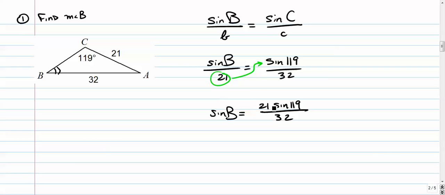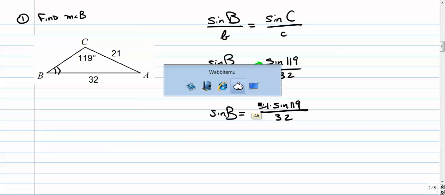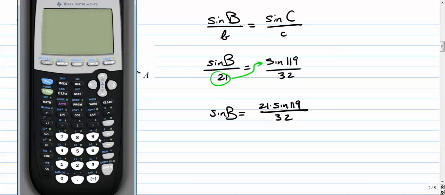So let's go to our calculators and see if we can get ourselves an answer here. Let's type in 21 sine of 119, close the parenthesis, divided by 32. It's very important that you close that parenthesis. If you don't, I'll show you what happens.